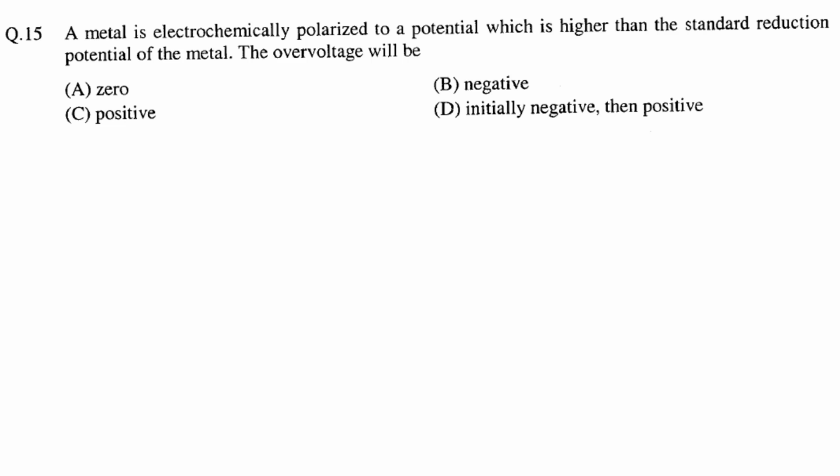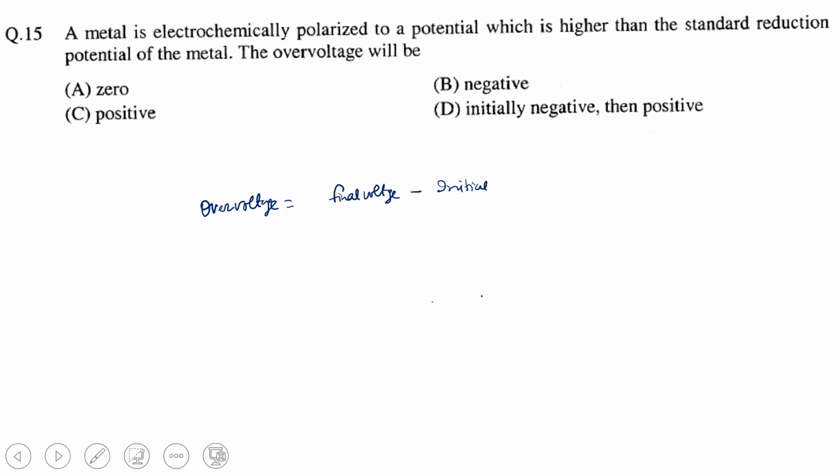A metal is electrochemically polarized to a potential which is higher than the standard reduction potential of the metal. The overvoltage will be? This is a very simple question. Overvoltage is defined as the final voltage minus the initial voltage.